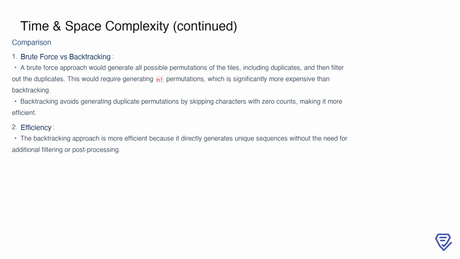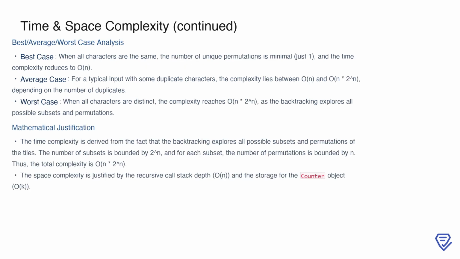This makes the backtracking approach significantly more efficient since it doesn't waste time creating and filtering redundant permutations. By directly generating unique sequences, the algorithm avoids unnecessary work and reduces the overall computational overhead. We can analyze the algorithm further by considering the best, average, and worst-case scenarios.